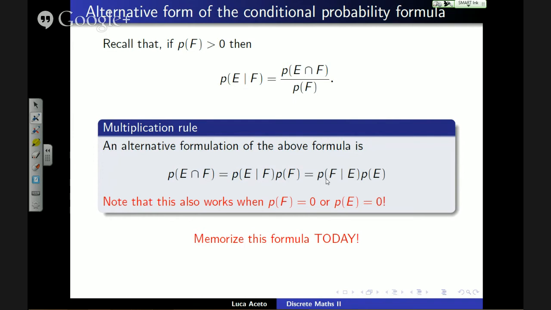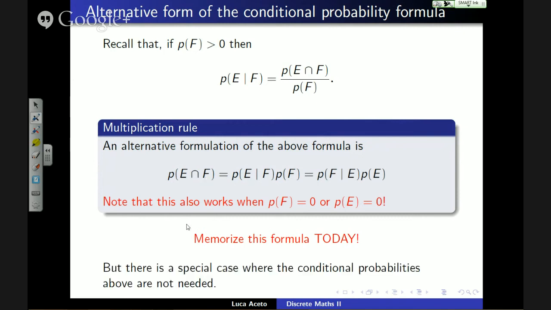Why? Because if you look at it, if, say, the probability of F is 0, then F is actually the empty set.